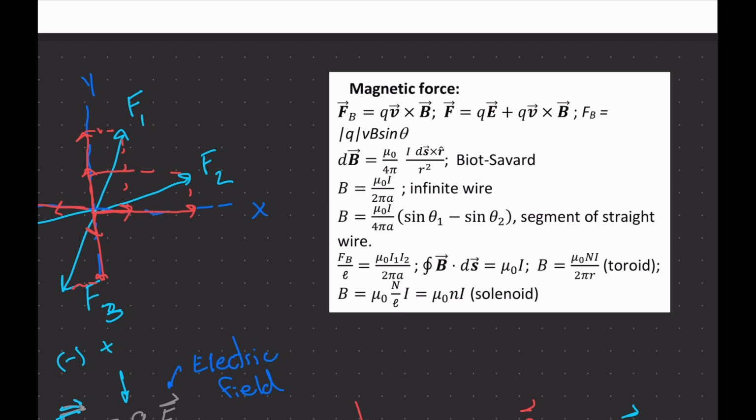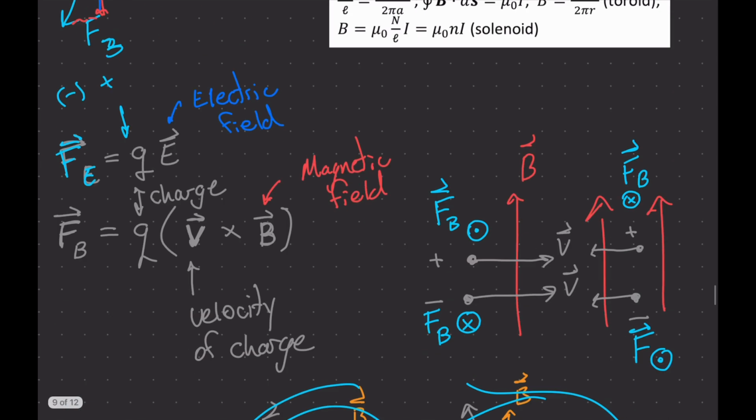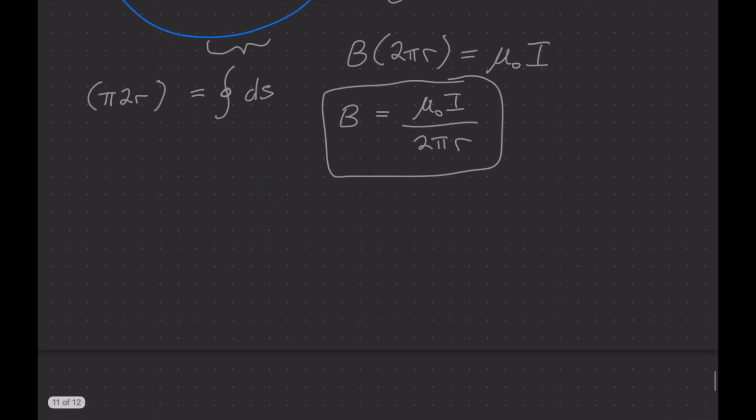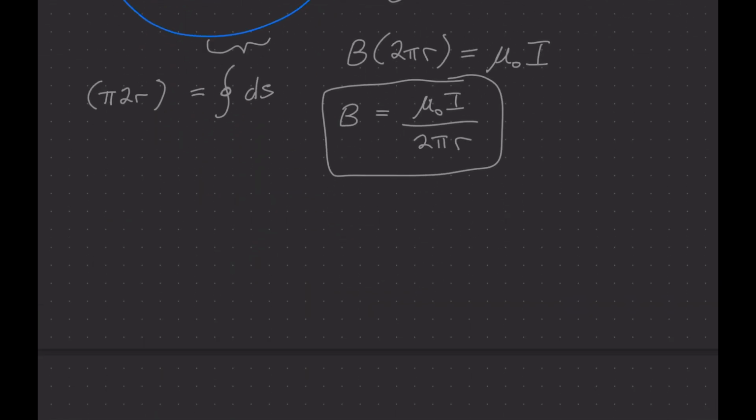Now let's quickly take a look at this equation over here. Magnetic field due to a segment of wire. For Ampere's law, what I did was I used an infinite length of wire. If I had a wire that was instead, let's say like this, and the distance here is like 2 meters, for example, and I want to find the magnetic field at this point, P, I can draw these lines going from the edge to the point here and the edge to the point here, and I can get these angles here, theta 1 and theta 2, right?